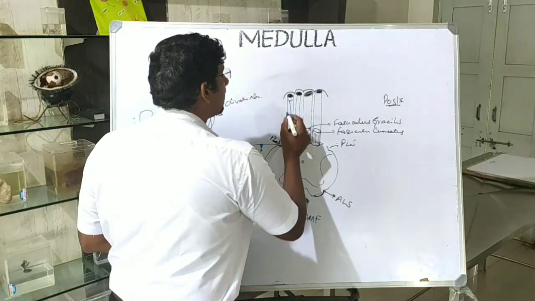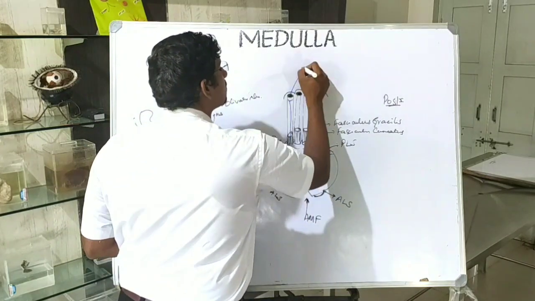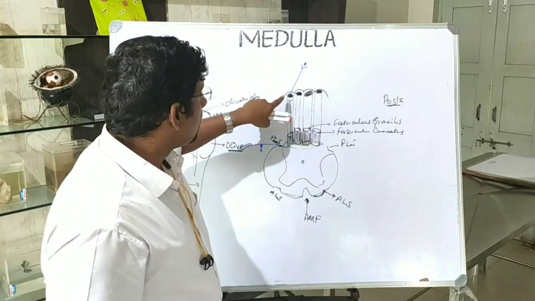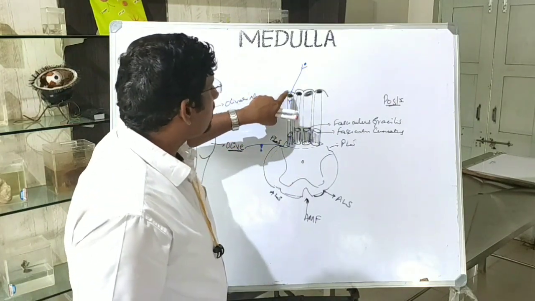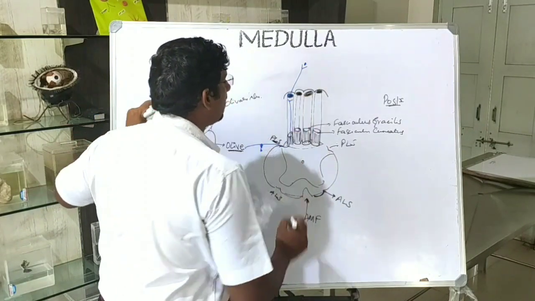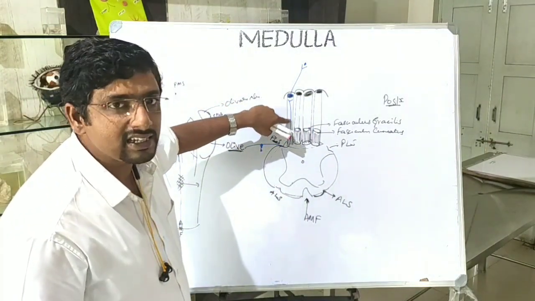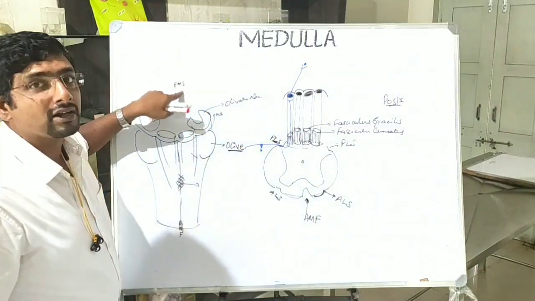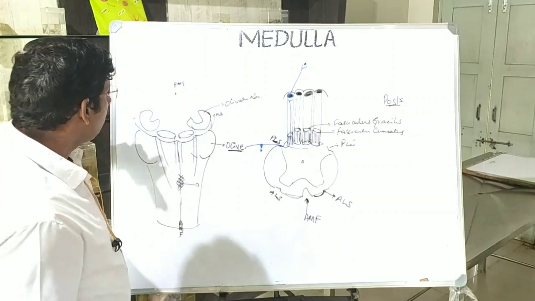Okay, and when it ends, the second order neuron is going to carry its sensation to the thalamus, right? So the junction, the nucleus related with this fasciculus gracilis and the cuneatus are present here in the upper part of the medulla, right?